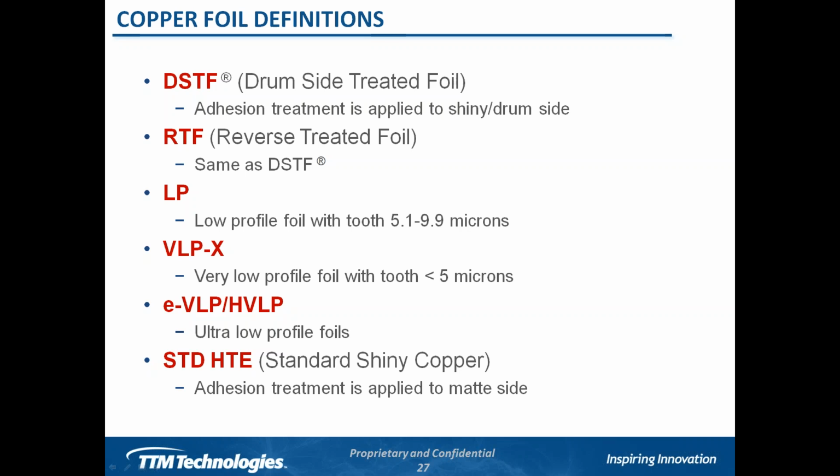And then also they have different options in terms of the roughness value of those foils that they create. Now, like I said earlier, the rougher it is, the easier it is to bond.